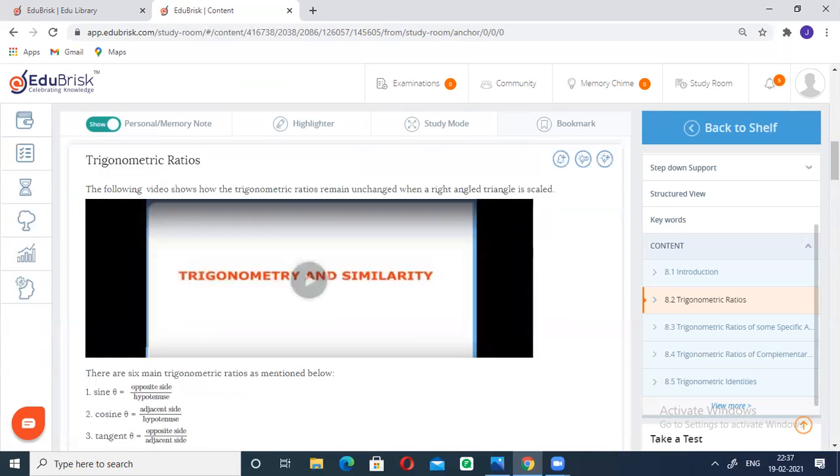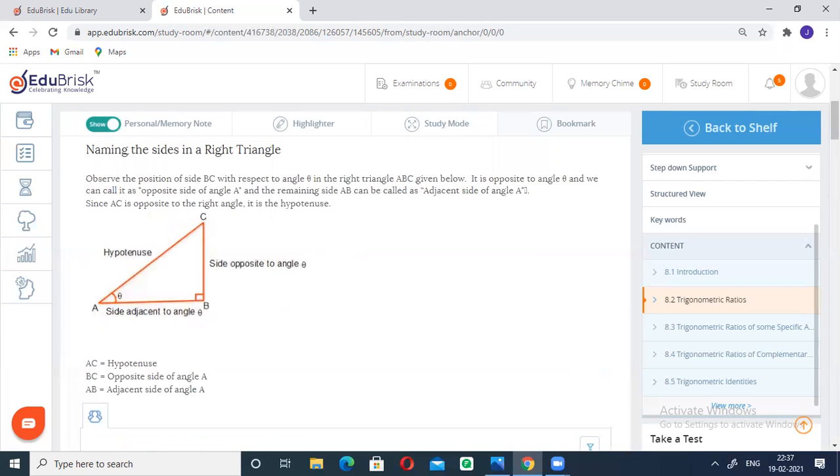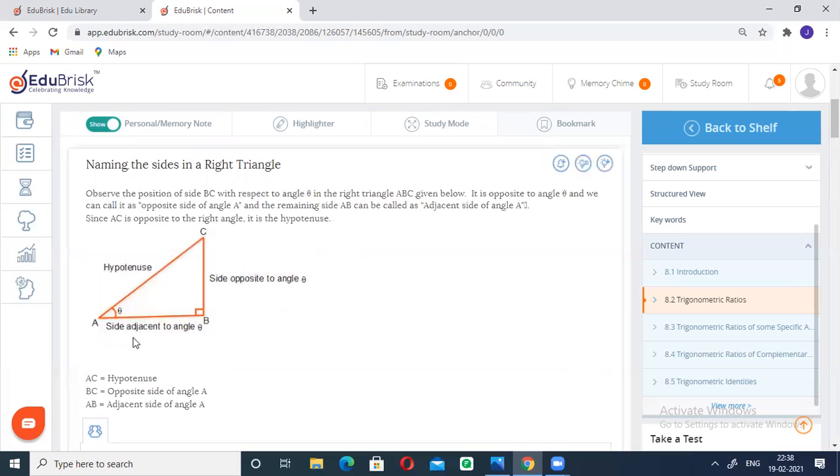If we are taking this figure, we know that we have taken AC as hypotenuse, BC as opposite side, and AB as the adjacent side. So how do we write the trigonometric ratios here? A is taken as angle theta. So sine theta will be equal to BC divided by AC, since the opposite side is BC.